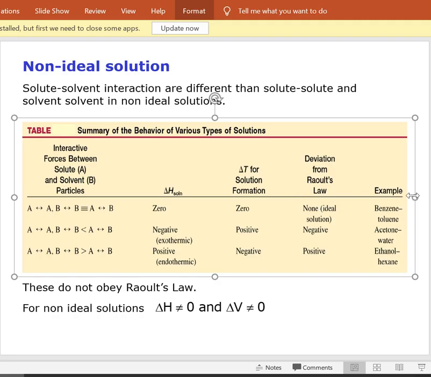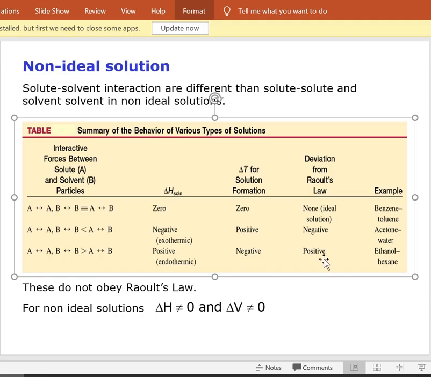This is the example of the positive and negative deviation. And the interaction among the molecules in case of the positive deviation becomes weaker. Therefore, their escaping tendency increases.